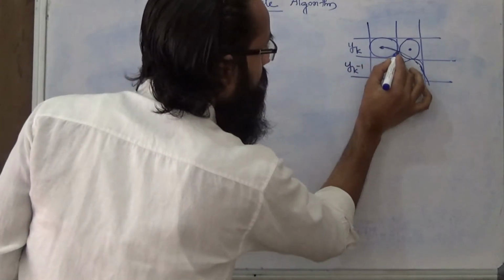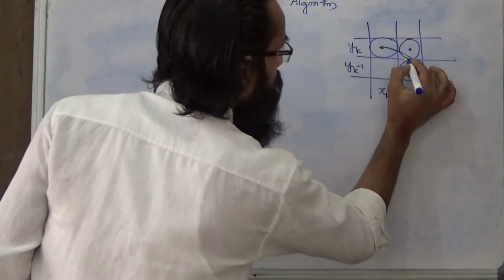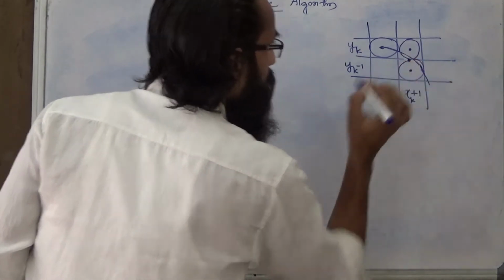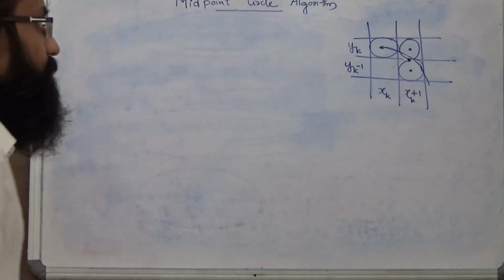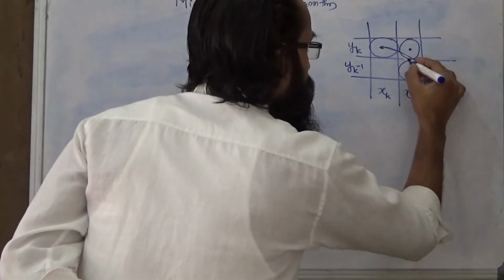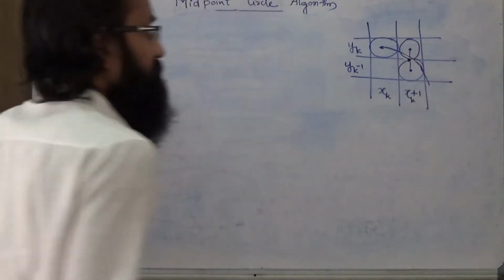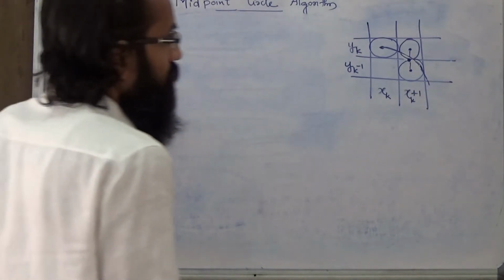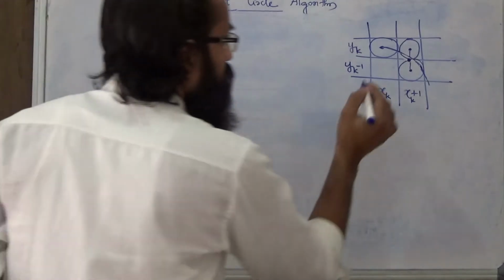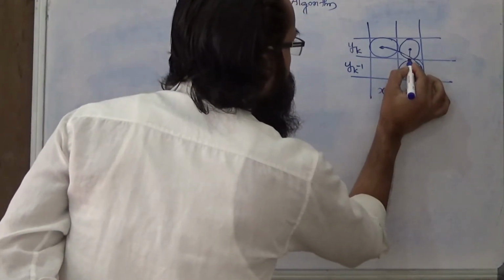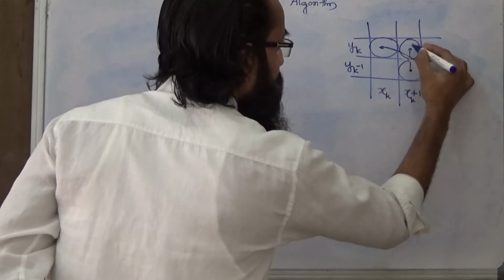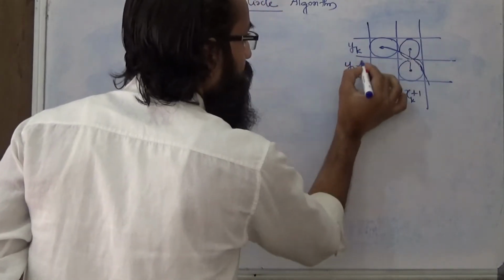So let this be the actual circular path, and let this point be the midpoint between these pixel centers. If you consider this particular point, it is exactly in between yk and yk minus 1.